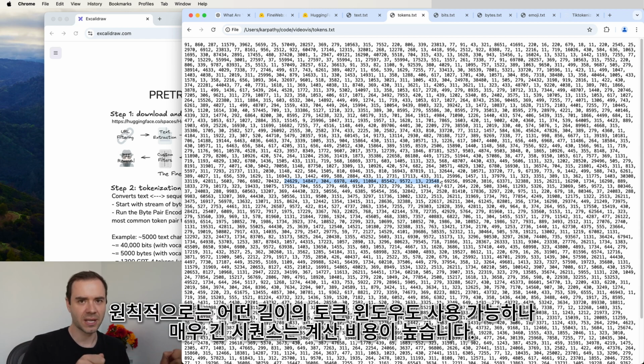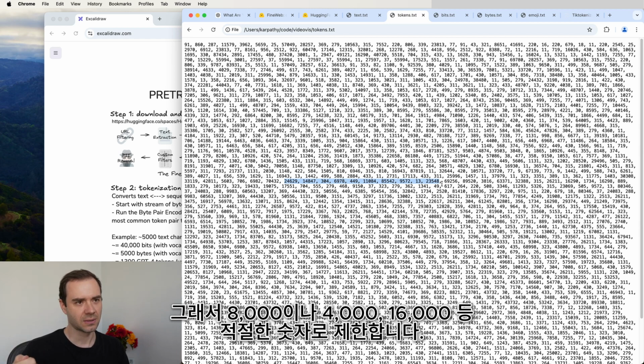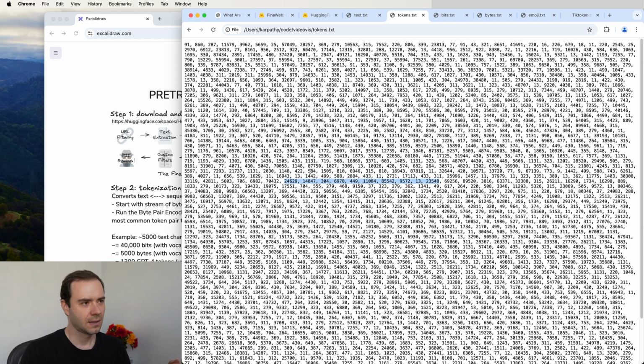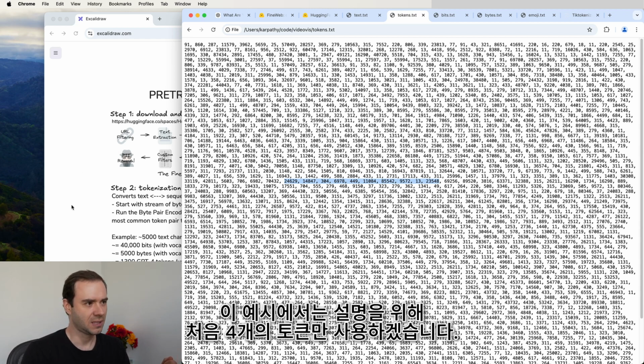Now, in principle, we can use arbitrary window lengths of tokens, but processing very long window sequences would just be very computationally expensive. So we decide that, say, 8,000 is a good number, or 4,000 or 16,000, and we crop it there. In this example, I'm going to be taking the first 4 tokens, just so everything fits nicely.